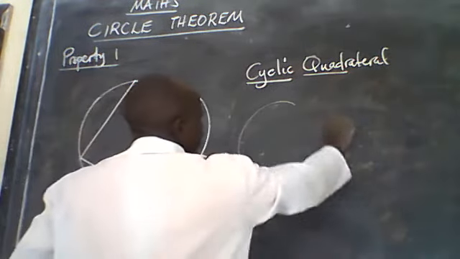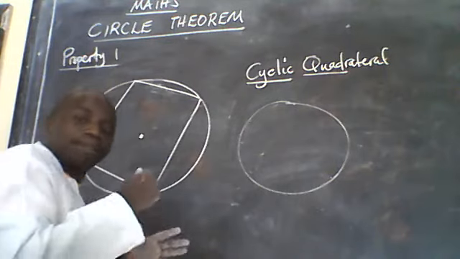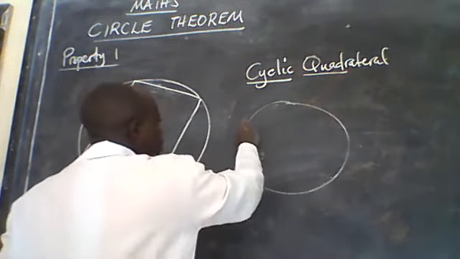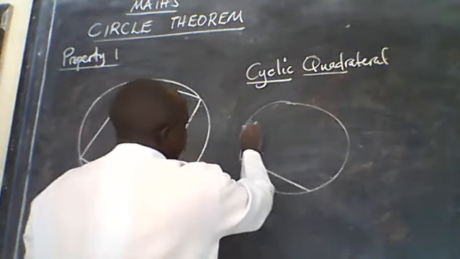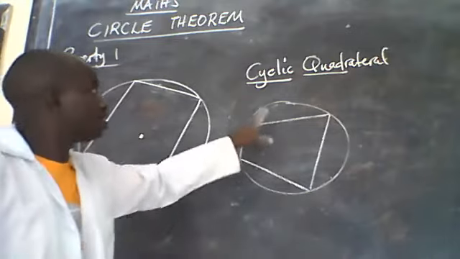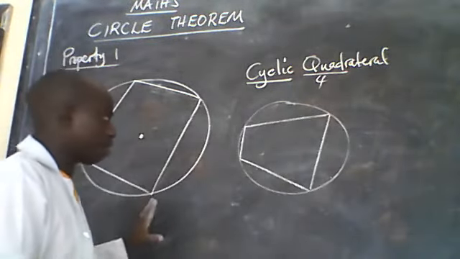So it can also be in that way. It's not always that it will be this way. The property is about the four-sided shape inside the circle. So it can also be in that way, it can be that way, provided it is four sided. Now what property are we trying to drive here?